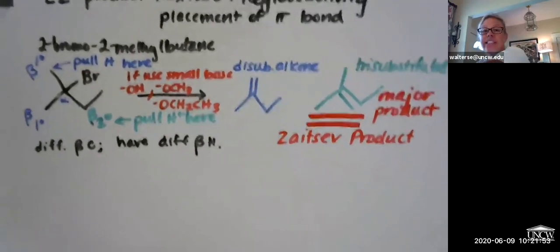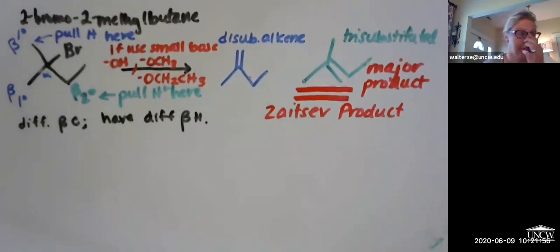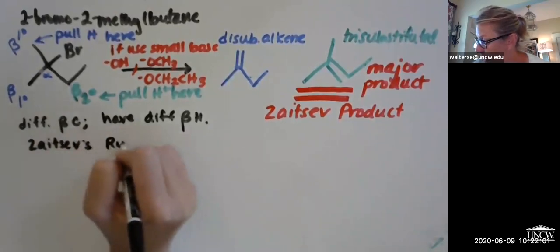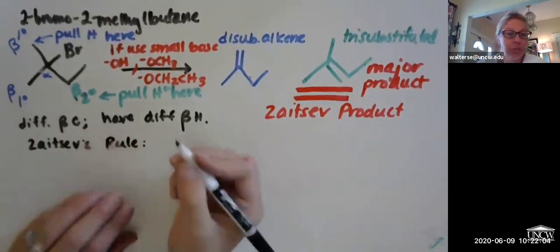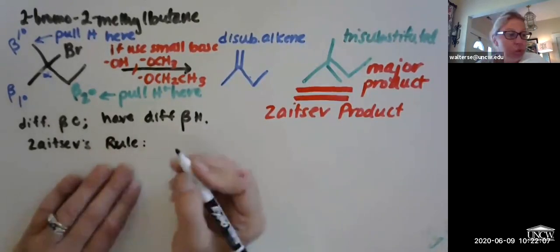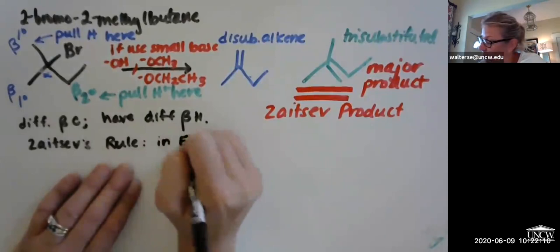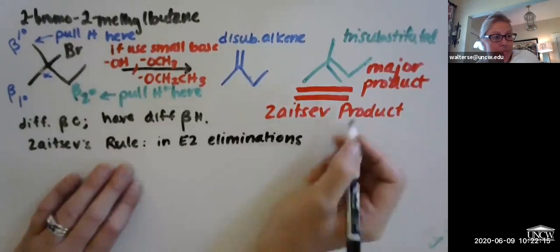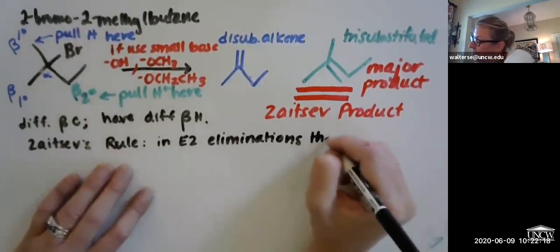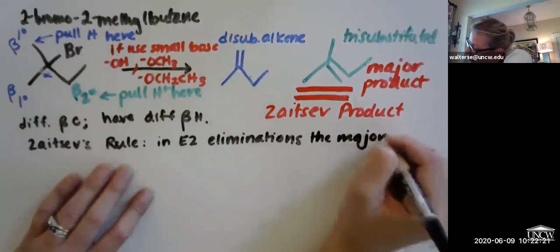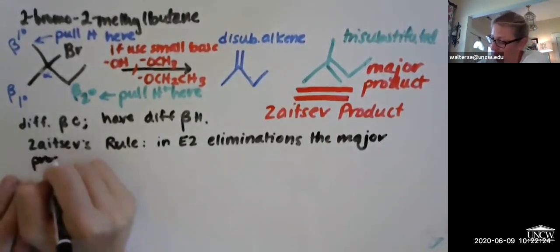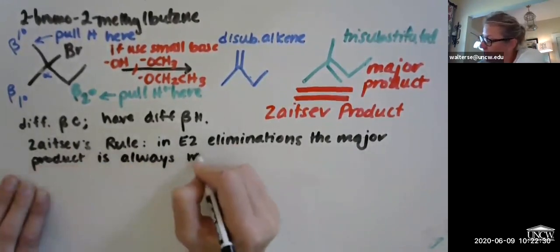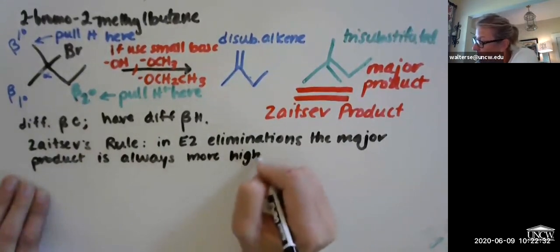Okay. Now that consideration is called Zaitsev's rule. Zaitsev's rule tells you that in E2 eliminations, the major product is always the more highly substituted alkene.